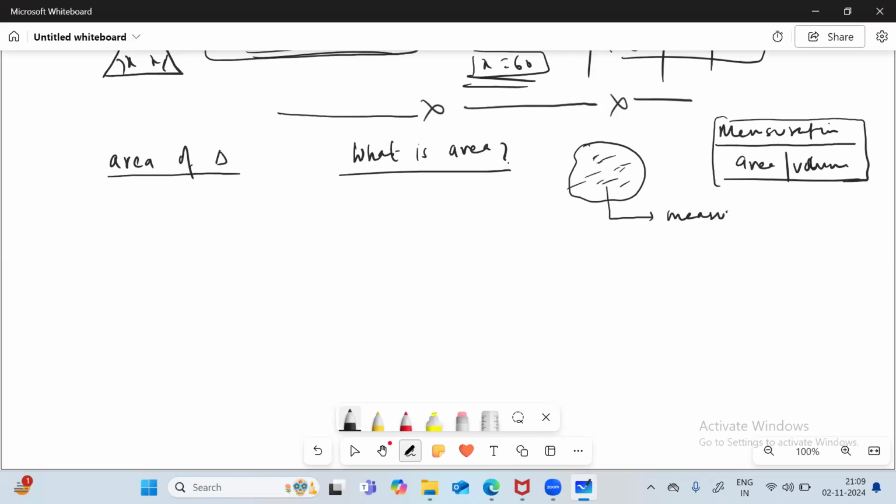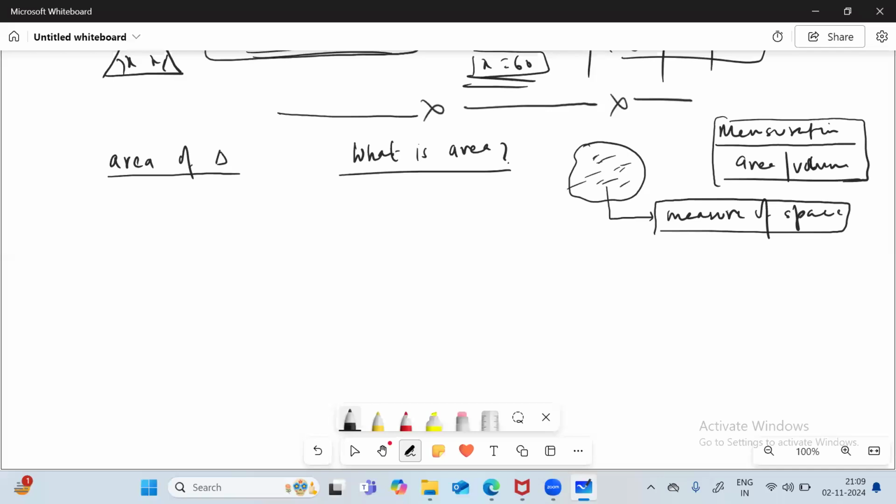Measure of space. Yes. Whenever we are trying to measure anything, let's say somebody asked you, what is your height? You tell them my height is 5 feet 3 inches. Or if somebody is asking you how much water is there, you tell it in either liters or milliliters.